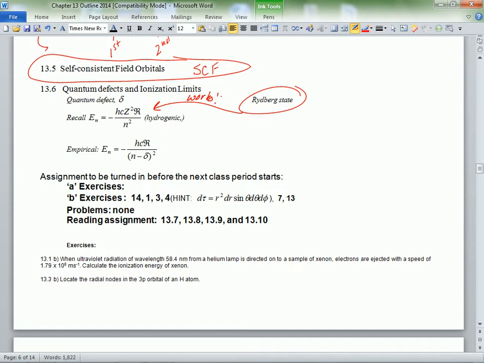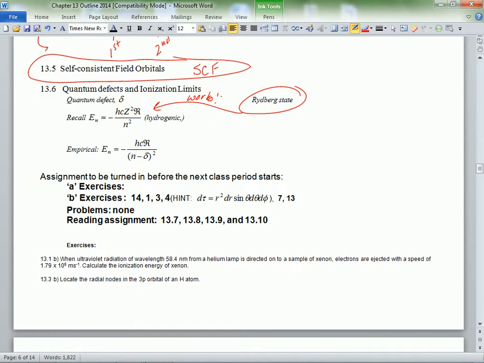It's not always going to work, right? But when you have n squared in the denominator, then it's called a Rydberg state.